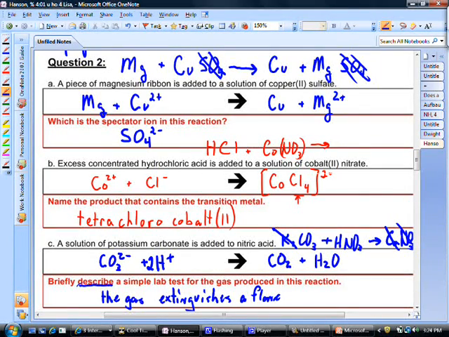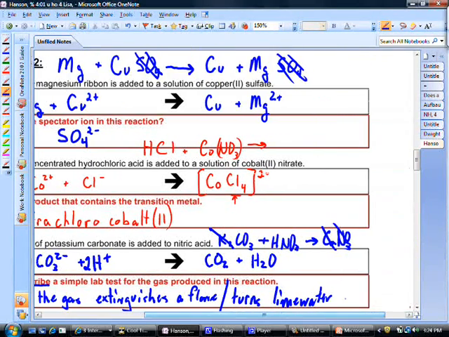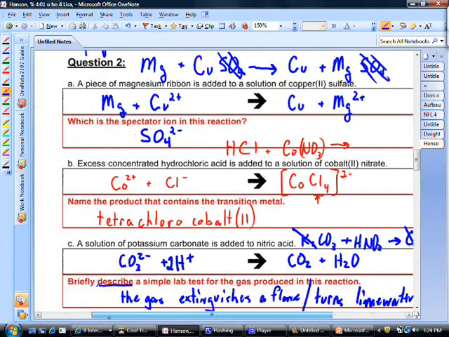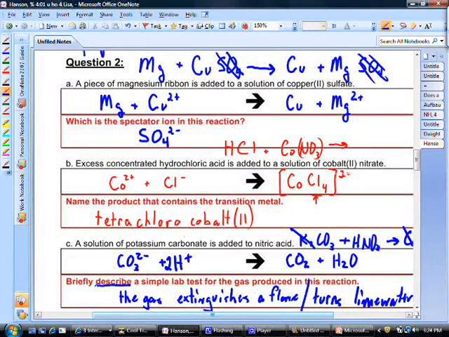That's one test that we often do in lab. Or if you bubble this through lime water, it will turn the lime water cloudy. And so you could put something like this, turns lime water cloudy. Now the test we did in class, I think, was extinguishing a flame using this gas, using the CO2 gas.